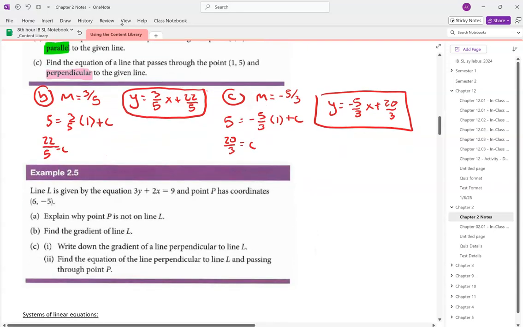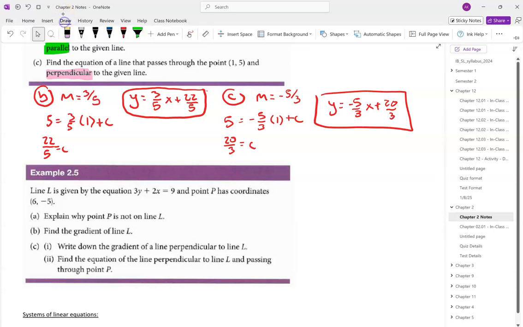Line L is given by the equation 3y plus 2x is equal to 9, and point P has the coordinates 6, -5. Explain why P is not on line L. How do I do that? Great.